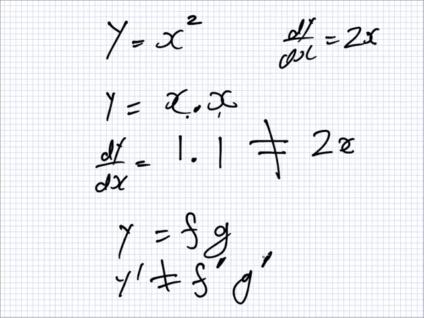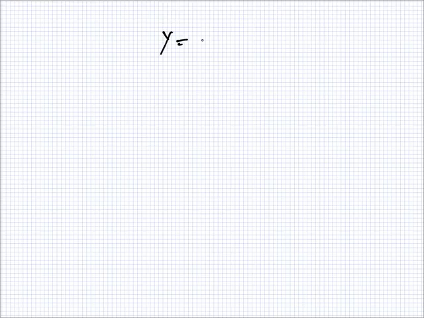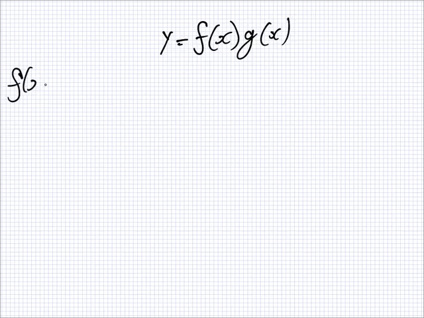So this is just a little bit of motivation for what we're trying to get here, but now let's have a look at what the rule is. So we start off with, so you'll want to write this down, y equals f of x, g of x. So let's try and calculate this by using first principle method, where we have f of x plus h.